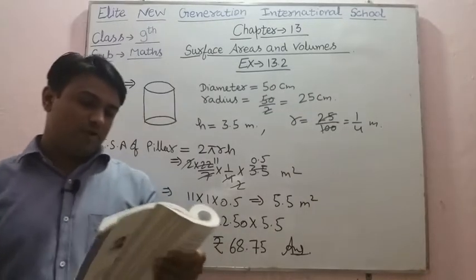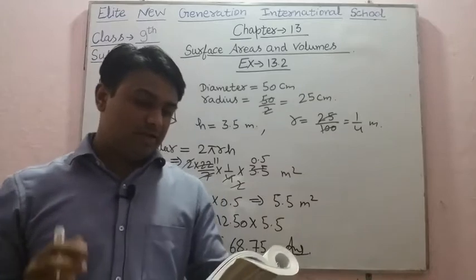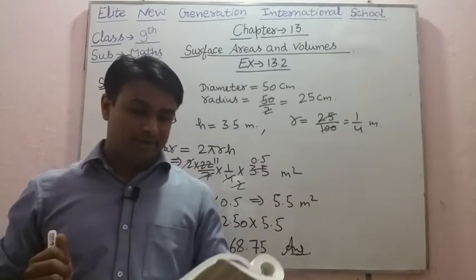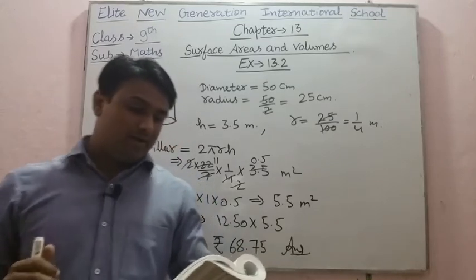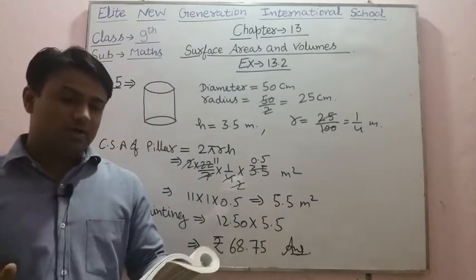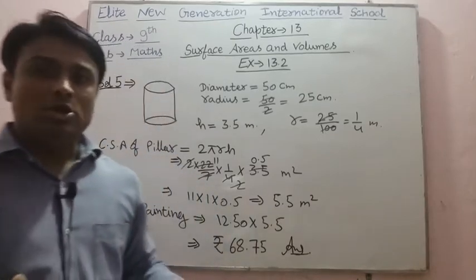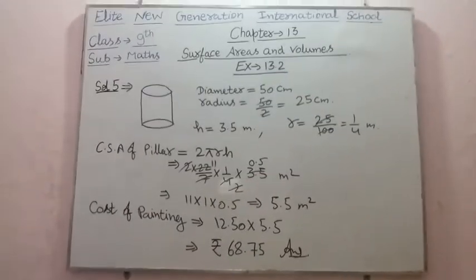So in question number 5 we have a cylindrical pillar, 50 centimeter in diameter and 3.5 meter in height. Find the cost of painting the curved surface of the pillar at the rate of rupees 12.50 per meter square. So here we have given a cylindrical pillar.